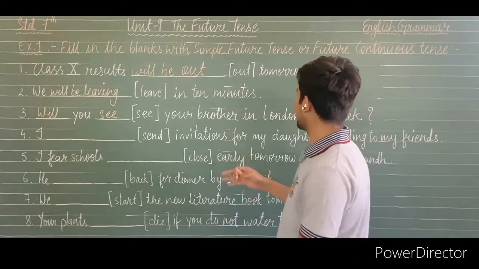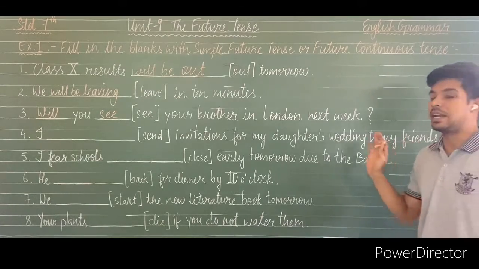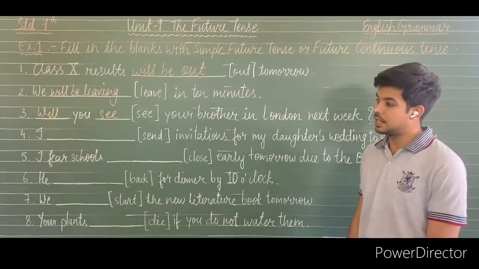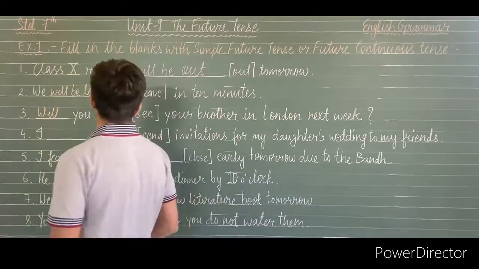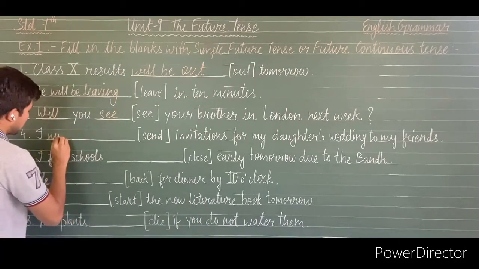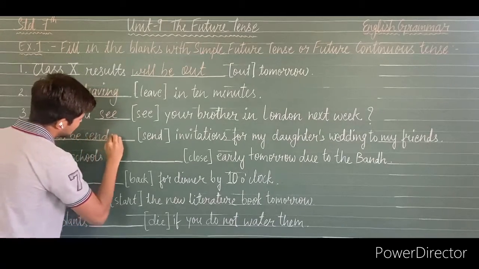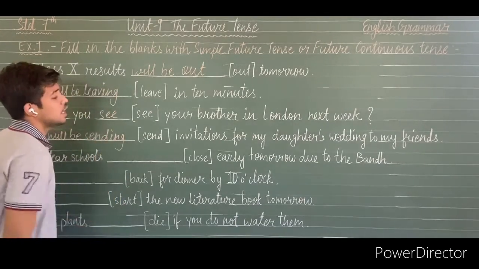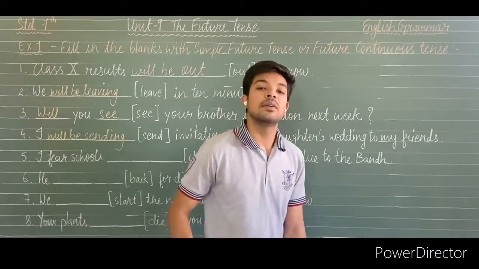Then the fourth: I blank invitations for my daughter's wedding to my friends, and in brackets we have send. So the answer will be: I will be sending invitations for my daughter's wedding to my friends.